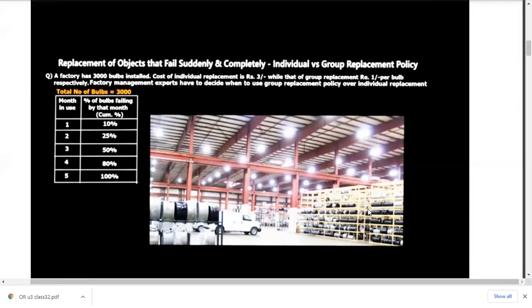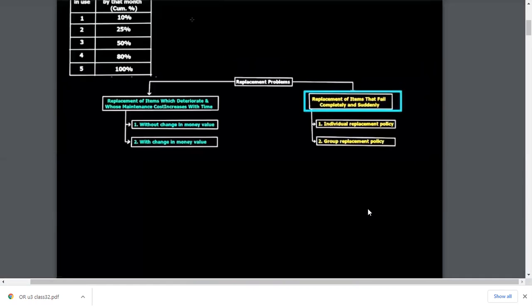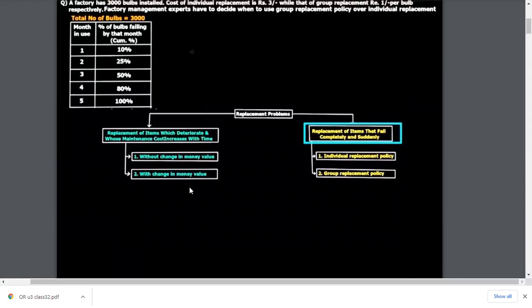But we will compare which is best and suitable for us, whether the individual replacement policy is good or the group replacement policy is good. By taking one problem we will compare which is the best method. Overall, in the replacement problem, this is the overall third unit.